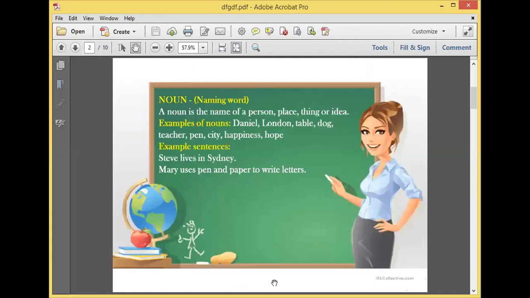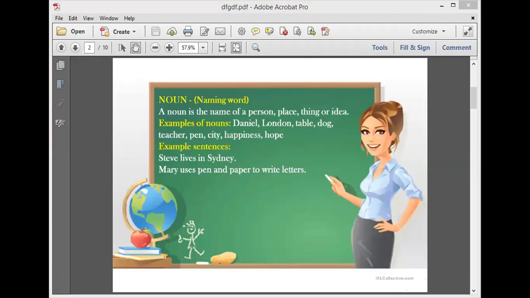For example, a noun. What is a noun? A noun is a word for a person, place, thing, or idea. Nouns are often used with an article, for example, the, an, but not always. Proper nouns always start with a capital letter. Common nouns do not.